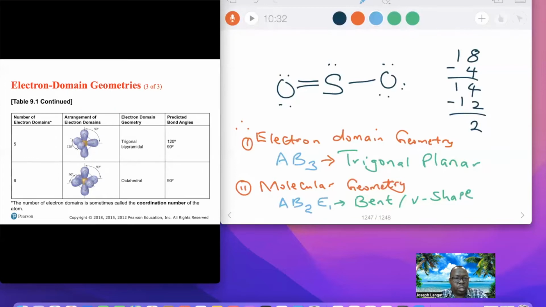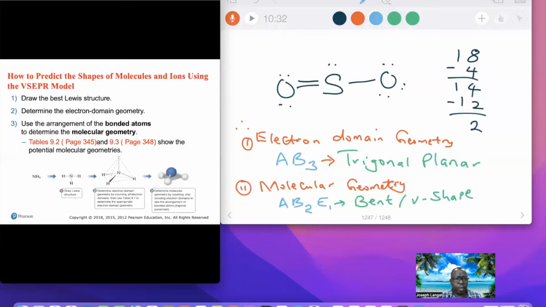For 5 domains, trigonal bipyramidal. For 6 domains, octahedral. You need also to know the angles. These are the key terms used to describe electron domain geometry. We'll see the molecular shape, okay? For molecular shapes, we'll also use the same terminology, but remember, in all this, you should draw the Lewis structure for the molecule or polyatomic ion in order to come up with a conclusion such as trigonal.